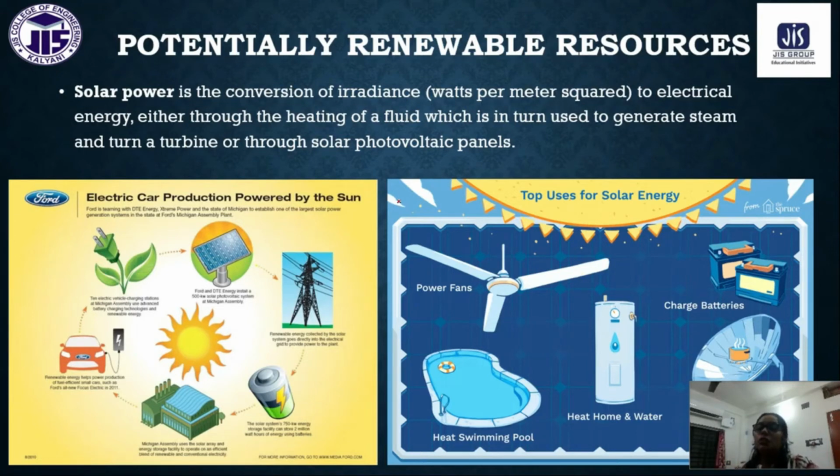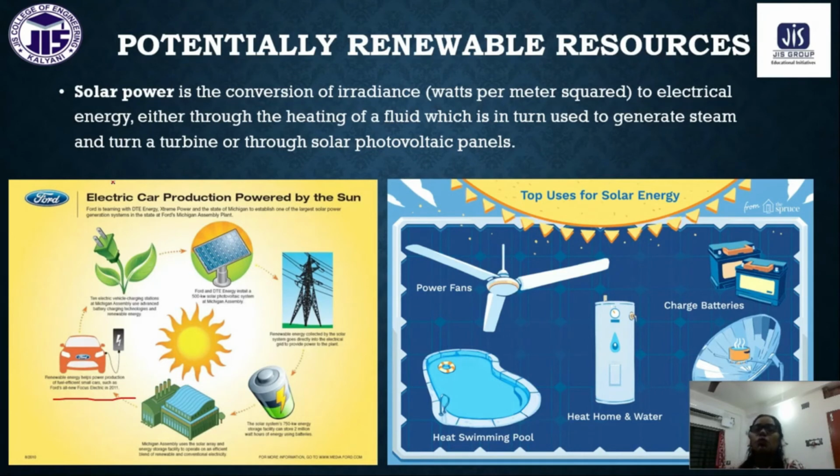Recently, solar cells are used very frequently in many various cases, like for cooking, for the charging of car batteries. There are so many cases where we can see solar power, or for the transportation system we are using solar cells.